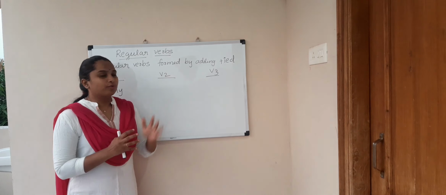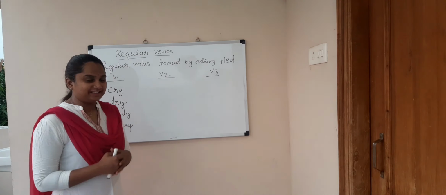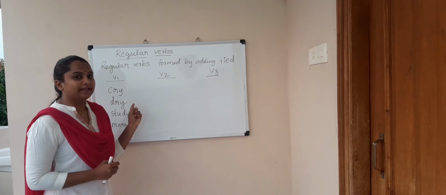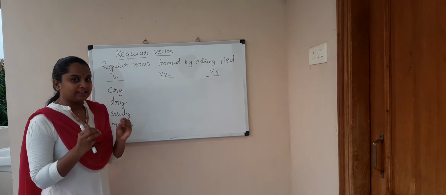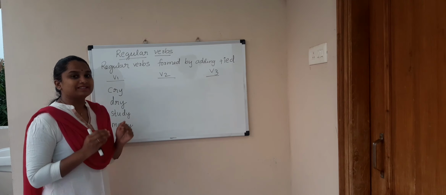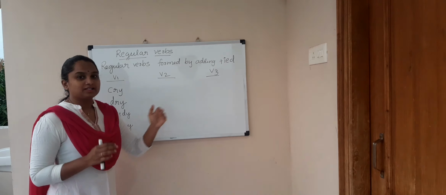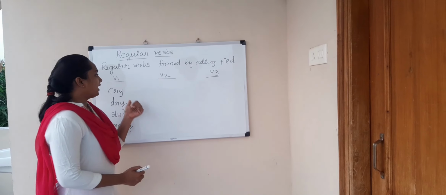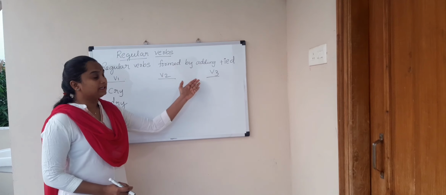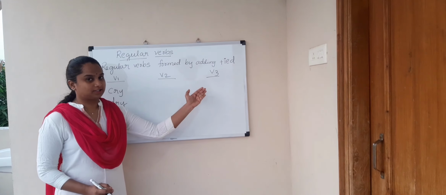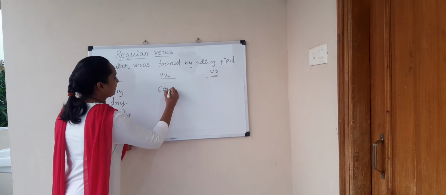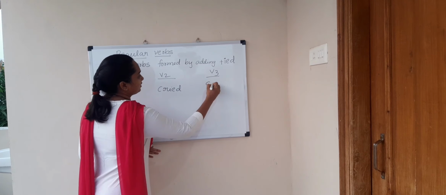Regular verbs formed by adding ied. If the verb ends with a consonant and y, we add ied to the base form when it comes to simple past and past participle form. Cry becomes cried in the past form, and in the past participle formed just by adding ied, cried and cried.